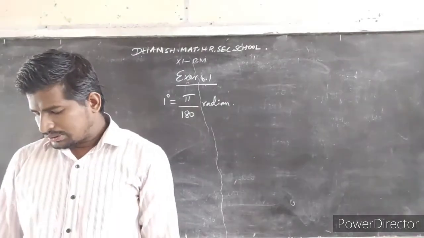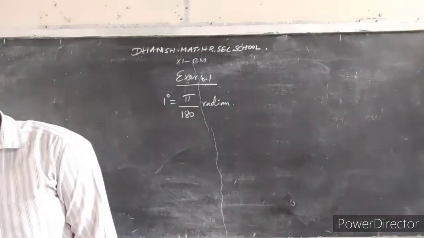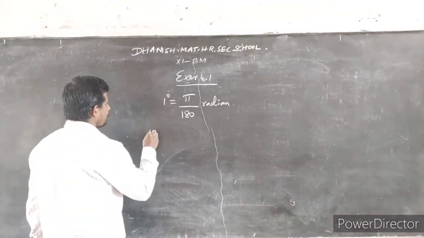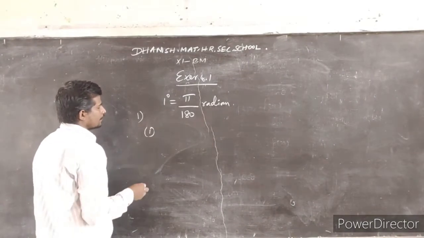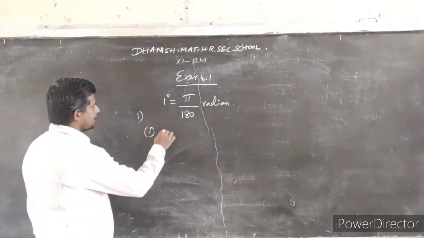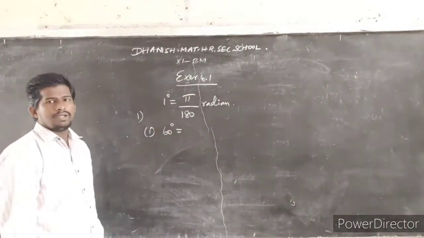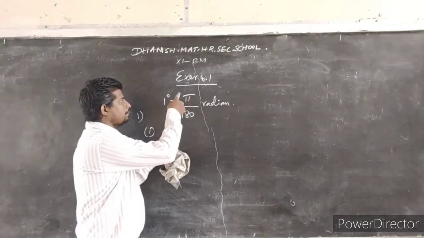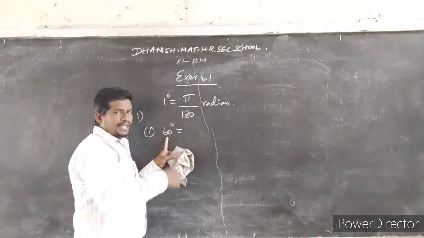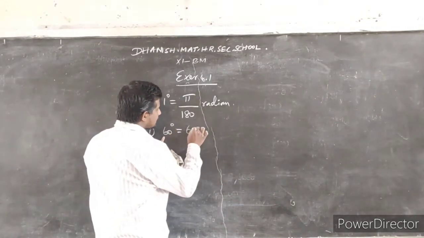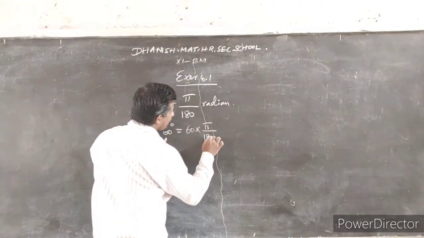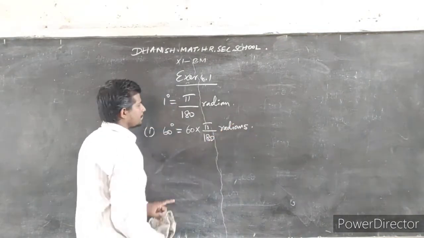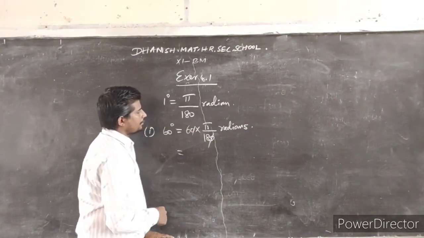Here we have 4 sums. First and second I will do. Third and fourth you can do as homework. First one, 60 degree. Now I am going to convert 60 degree into radians. So you multiply this number by pi by 180. So 60 degree equals 60 into pi by 180 radian. The zeros will get cancelled.